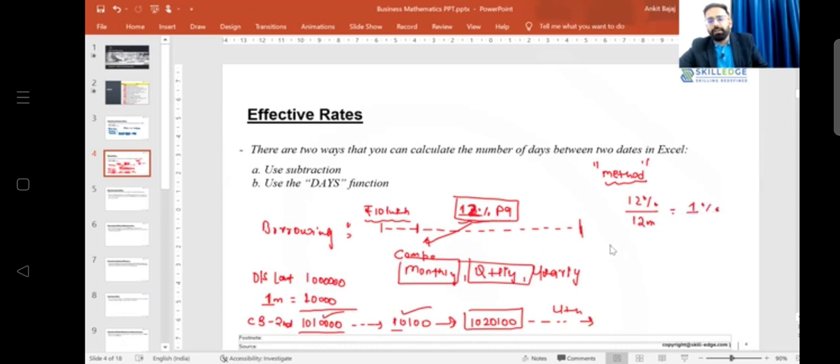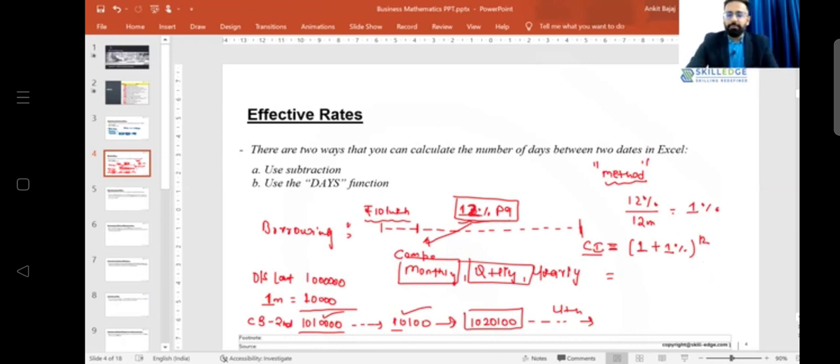Now we apply the formula to calculate the compound interest rate, or generally the effective interest rate. So I will take 1 plus 1% to the power 12, and this is how I will get the interest rate.